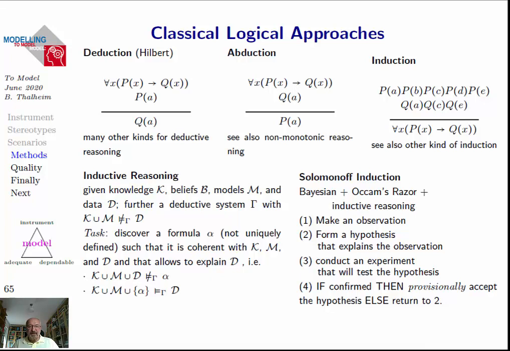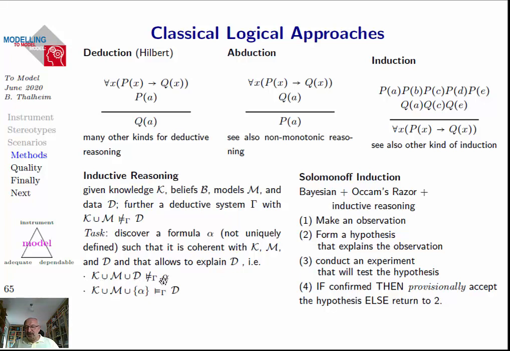That means in this case we have again some kind of inductive reasoning techniques that start with a given set of knowledge and belief, given models and data, so that you cannot derive a contradiction for the knowledge and the model according to the data, and then you would like to discover some kind of explanation that allows you to say which kind of data are, together with the knowledge and the model, derivable, but the model, the knowledge and the data don't allow to derive alpha.